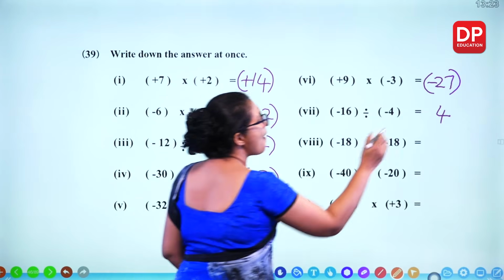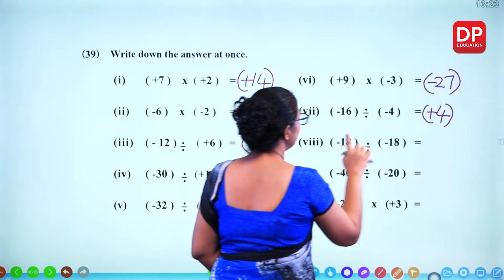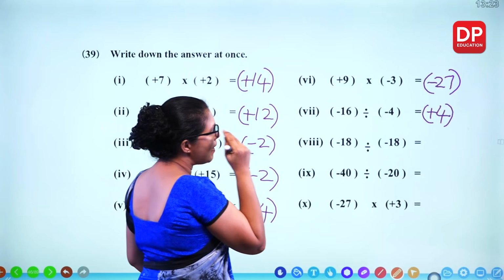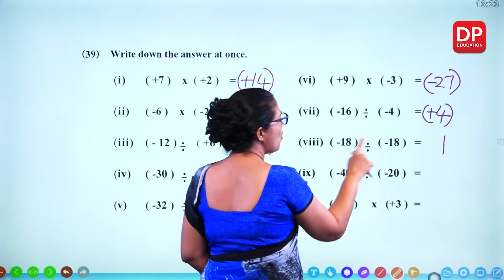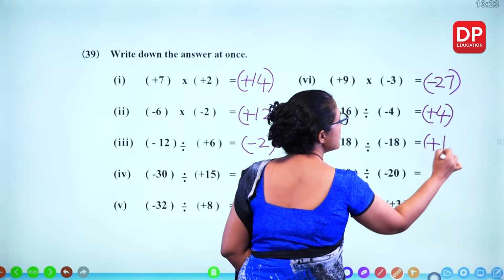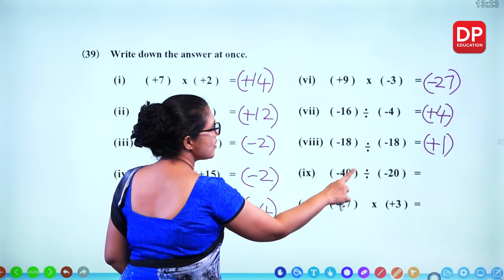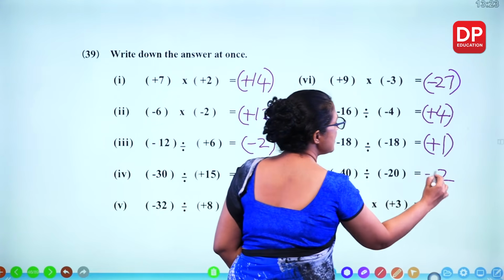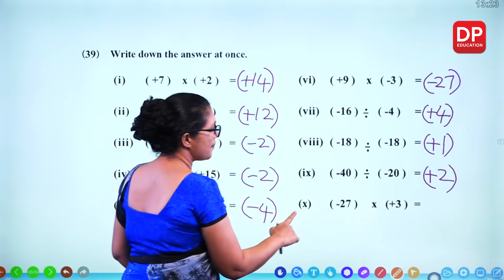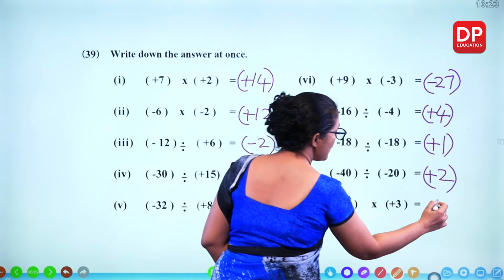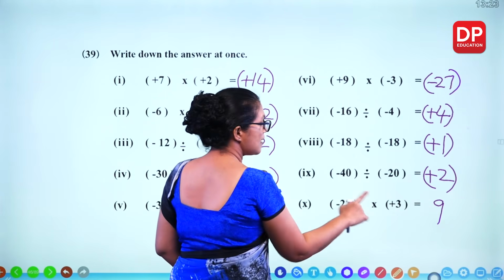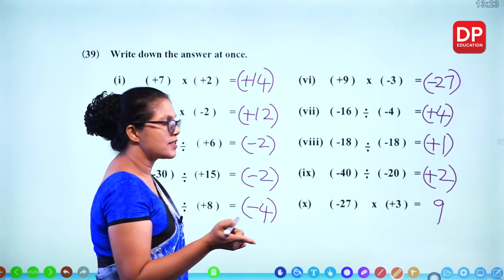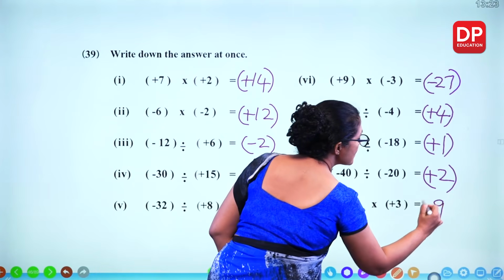Answer is positive. 18 divided by 18, you get 1. Both negative. Answer is positive. 40 divided by 20, answer is 2. Both negative means you get plus. 27 divided by 3, you get 9. One negative and one positive, you get minus.